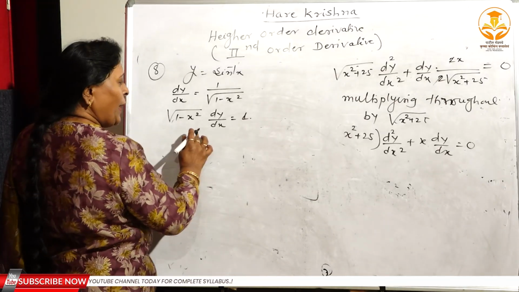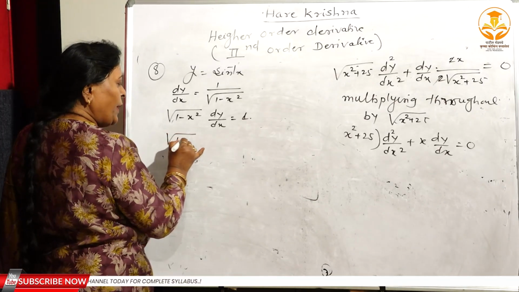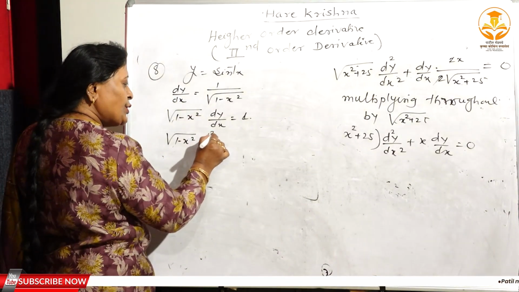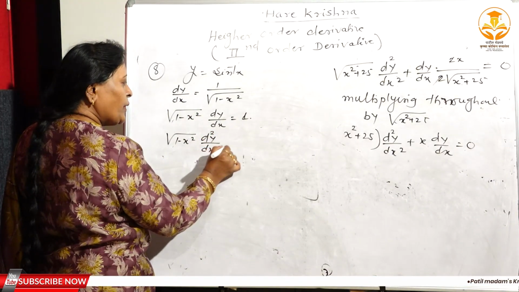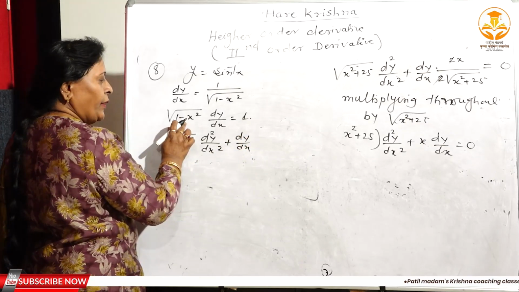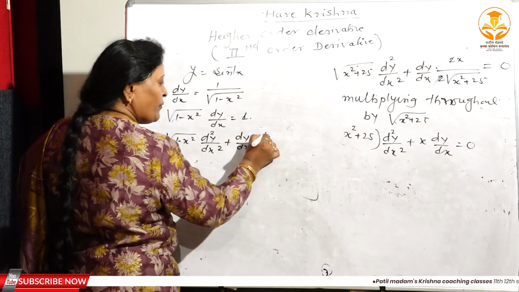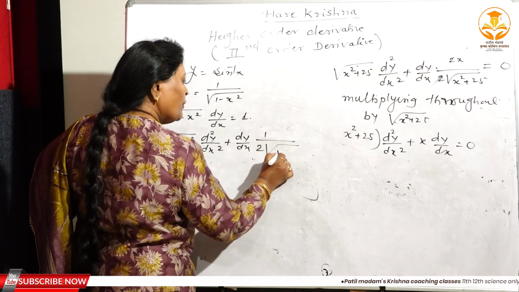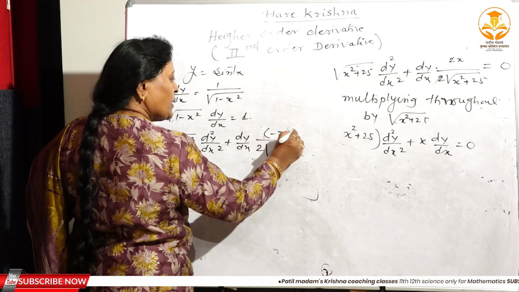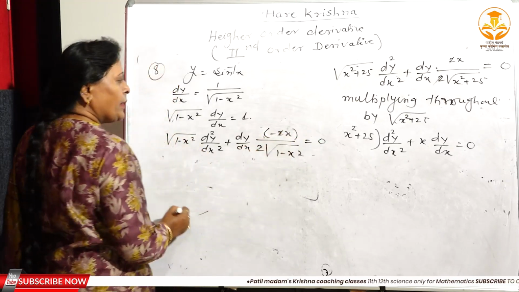Again what you have to do, apply the multiplication rule. Root of 1 minus x square remains as it is. The derivative of dy by dx is d2y divided by dx square, plus dy by dx remains as it is. Here the derivative of root of 1 minus x square is 1 upon 2 root 1 minus x square, and the derivative of 1 minus x square is minus 2x, and it is equal to 0. 2 gets cancelled.